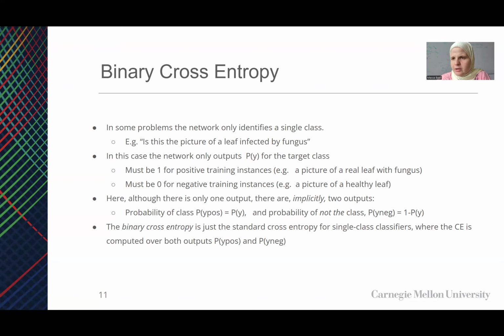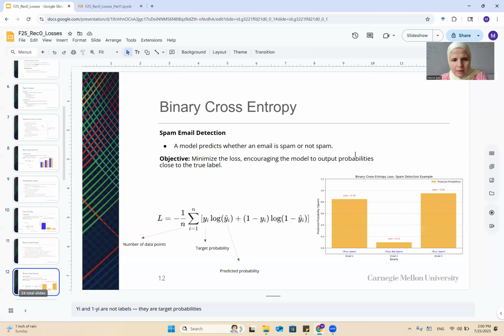So the binary cross entropy is actually just the standard cross entropy for single class classifiers, where the CE is computed over both outputs, py pos and py neg. This is also an example, let's say spam email detection. You need to create a model that predicts whether an email is spam or not.